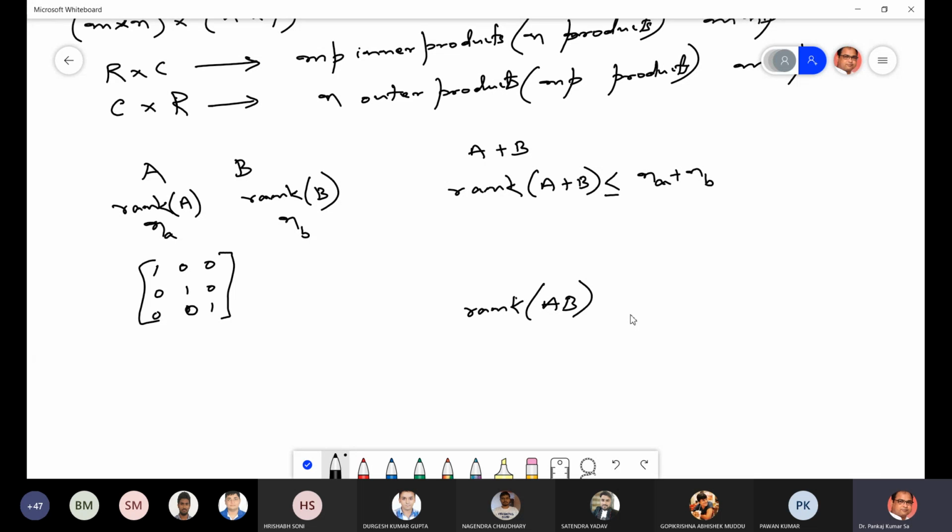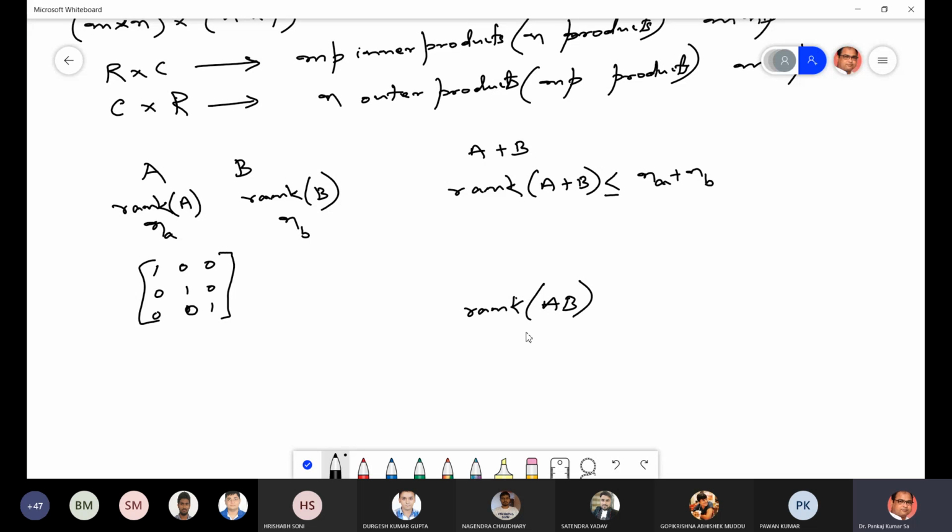Whenever we multiply two matrices, essentially we are scaling one vector with the scalar quantity, the elements of the other vector. That is what we have understood in the last couple of classes. The columns of A are scaled with the elements of the B matrix. And in today's class, with the outer product concept, it has been scaled, then added.